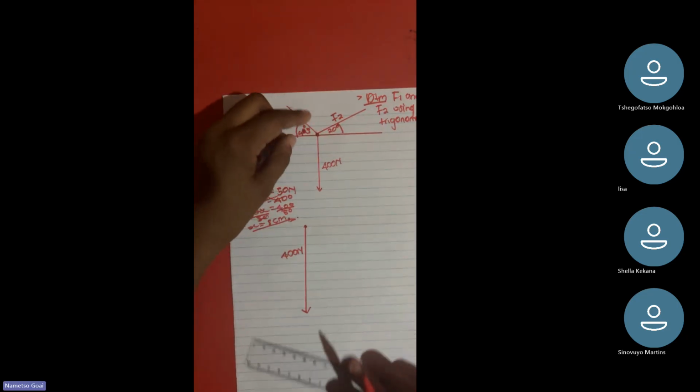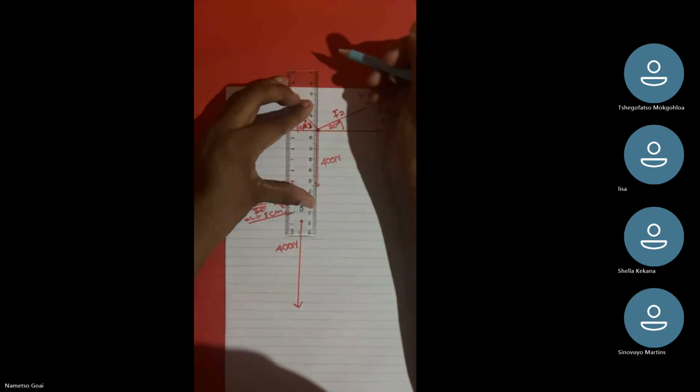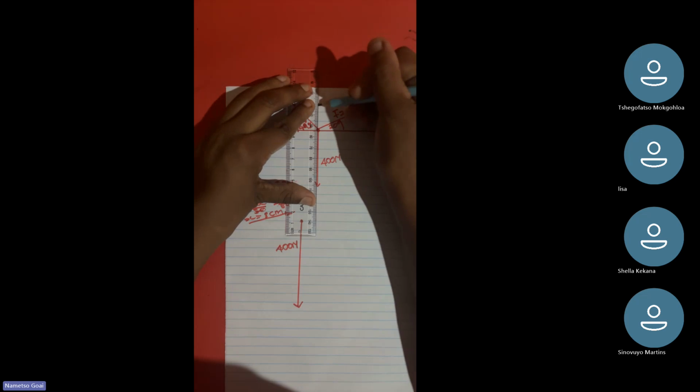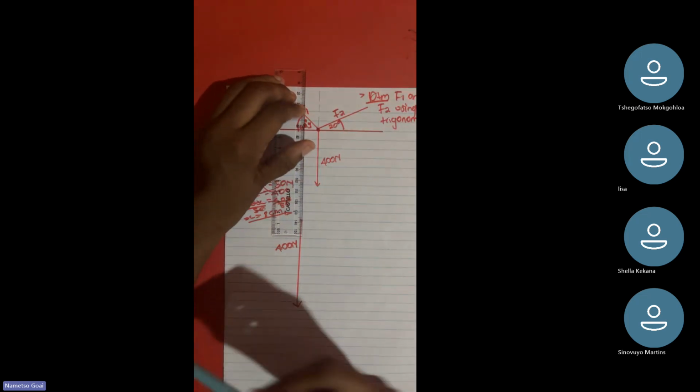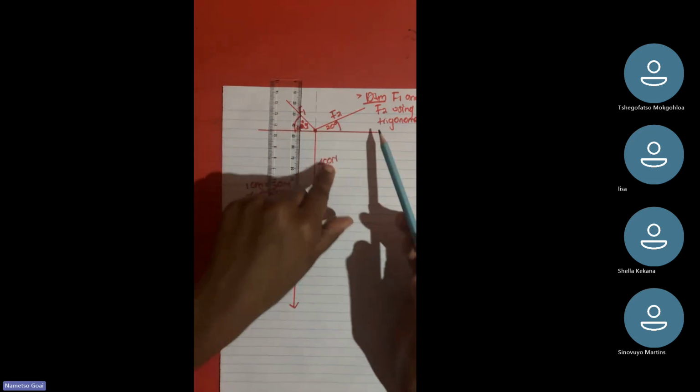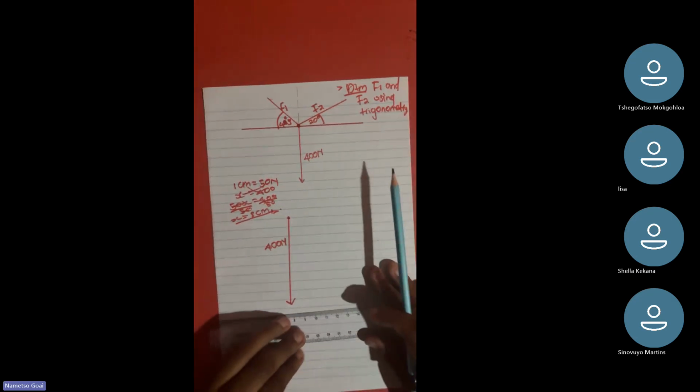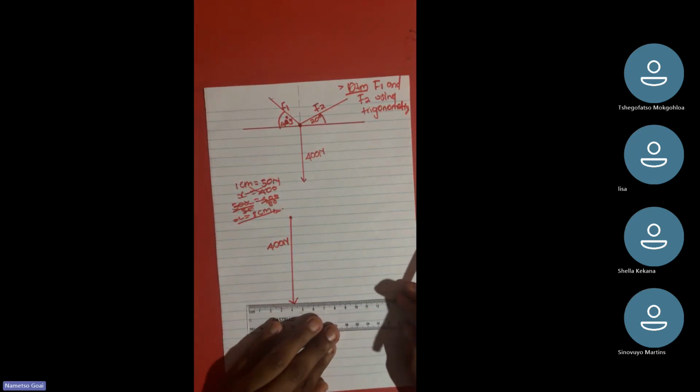Now let's look at F2. F2 is at a 20-degree angle with respect to your x-axis. So when you get to the bottom of this, you can just draw a straight line like this.